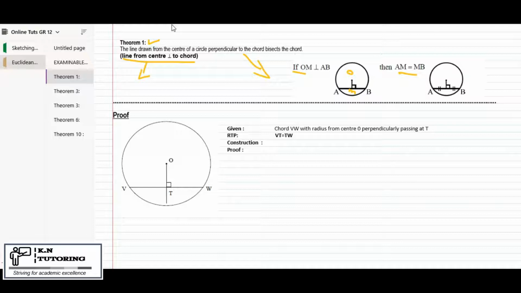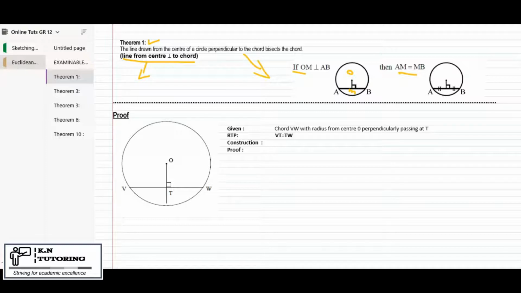You'll be given a question that says you need to prove. You'll be given a sketch like this, and you'll be asked to prove the theorem that says the line drawn from the center of the circle perpendicular to the chord bisects the chord. There are certain steps that you need to follow, and I've already highlighted two of them here.